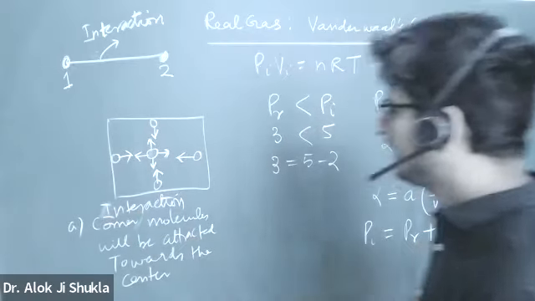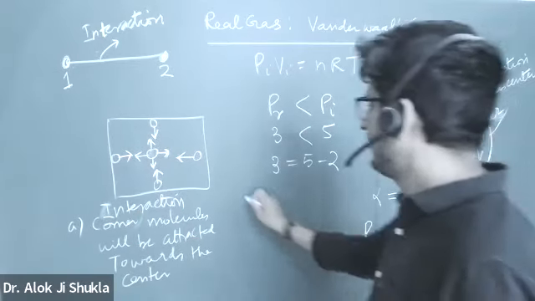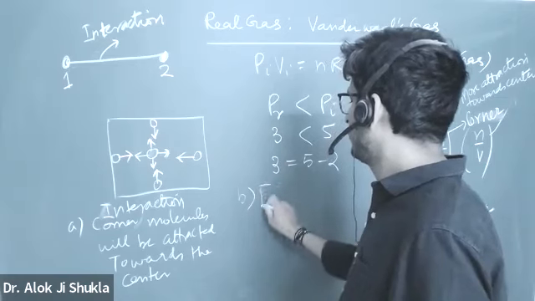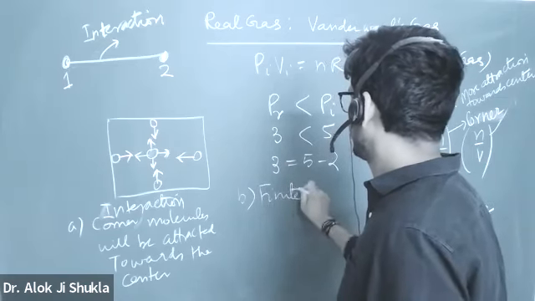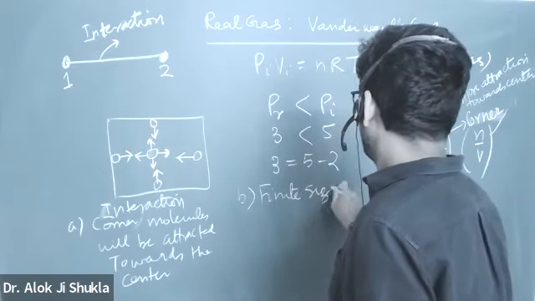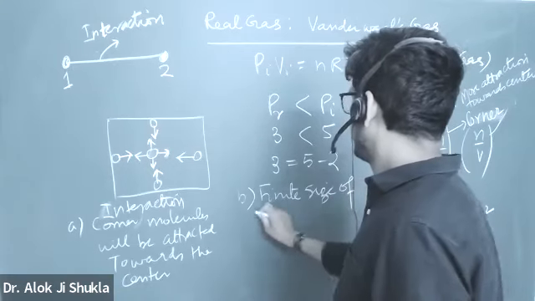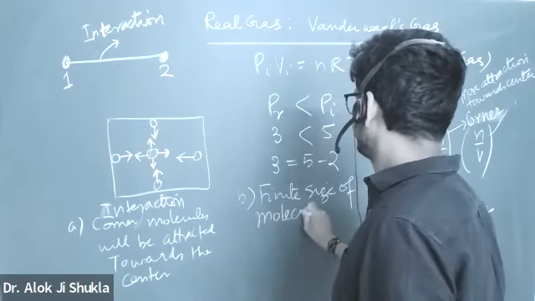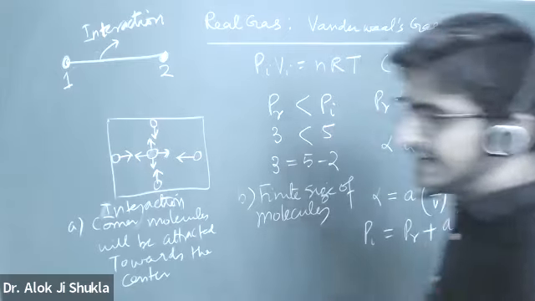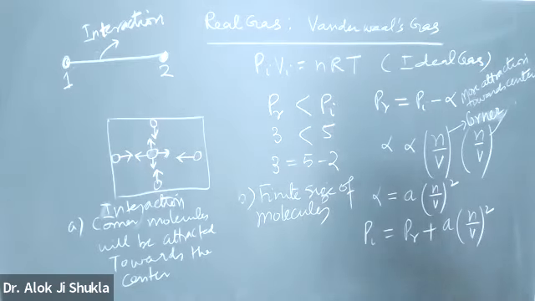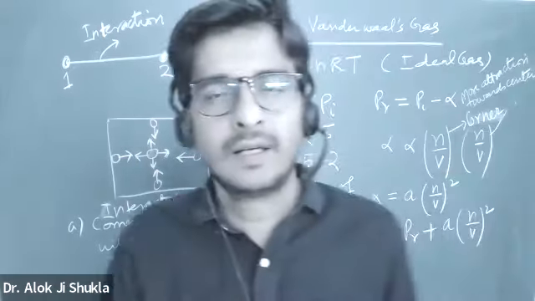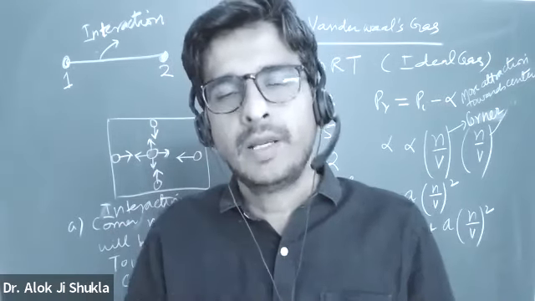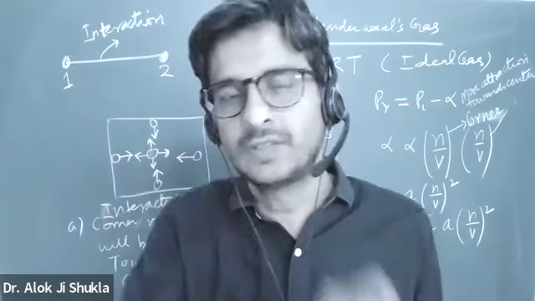First we have included the interaction, and the second point is I will include the finite size of molecules, because in ideal gas we considered that the molecules are of zero size.